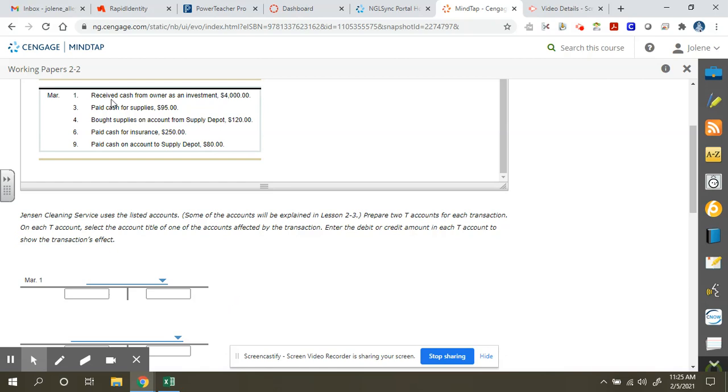All right. And it says received cash from owner as an investment. Well, I'm going to put my little trusty friend, DC Adler, over here so we can remember that. All right. DC, assets, liabilities, owner's equity. That's drawing, that's expenses, and that's revenue.